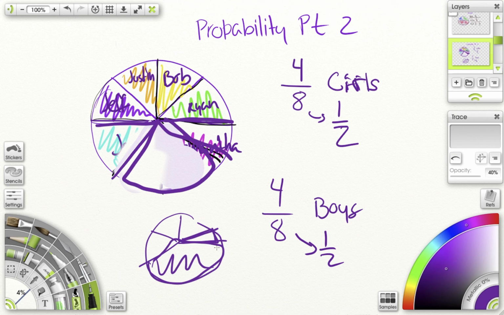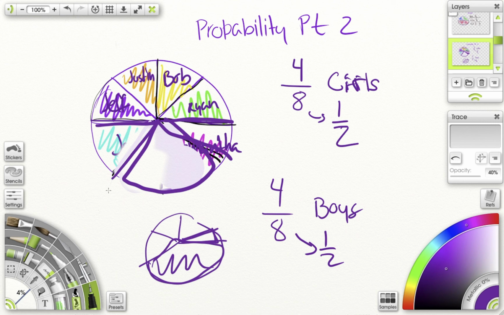So you're going to be looking at fractions. They should be relatively easy. I don't believe they go further than 8 spots of a circle, and you're determining what is fair. There are going to be questions like, with our names here, Jess says that there's an equal amount of girls and boys represented on the spinner.